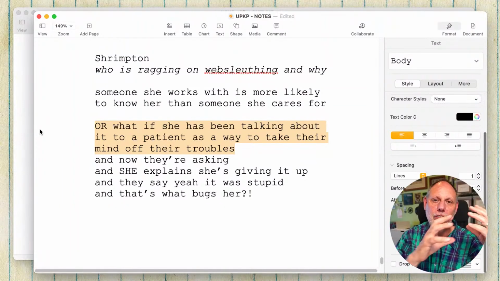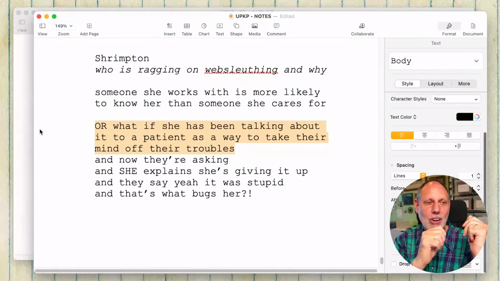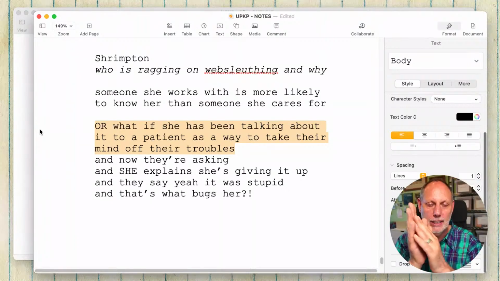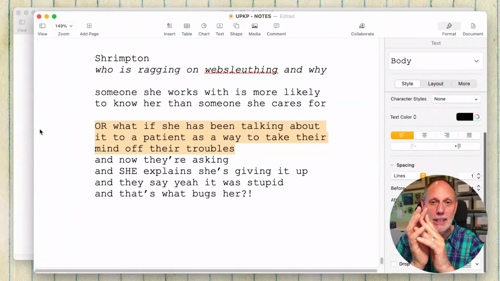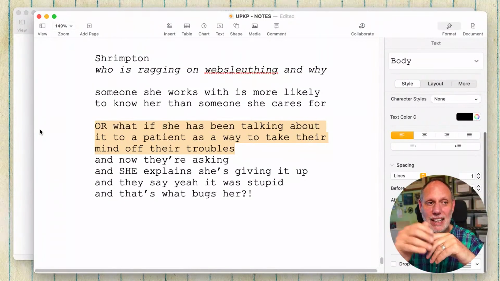So basically I thought, instead of just having this person rag on it and her defend it, what if she goes to see this regular, whoever it is, and they're like, oh, what's been happening in your cases? And she's like, oh, I'm not doing that anymore. And the other person says, yeah, that was stupid. And that's what bugs her.